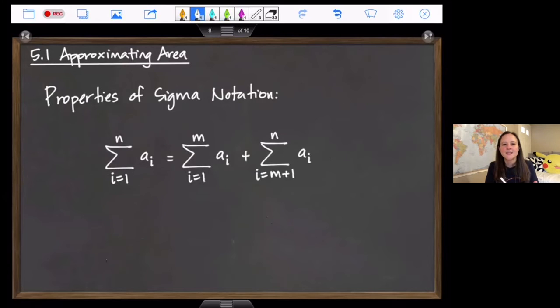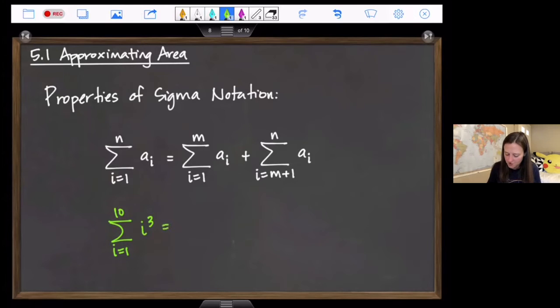This next property looks awful, but it actually helps us to split up a sum in a possibly useful way. Let's put some real numbers in here, from i equals 1 to 10, and let's say I'm doing i cubed as my formula. This tells me that I could make a stop off at an intermediate spot.